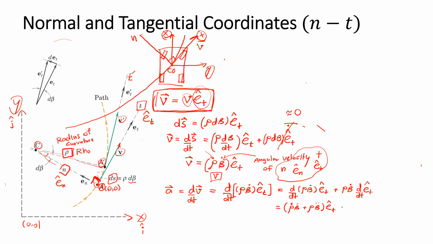And for the second term, we have rho beta dot and the d by dt of the unit vector. I want you to see this small diagram. At the original point, at point A, the velocity vector lies on the unit vector et.